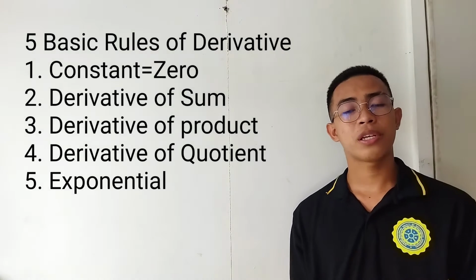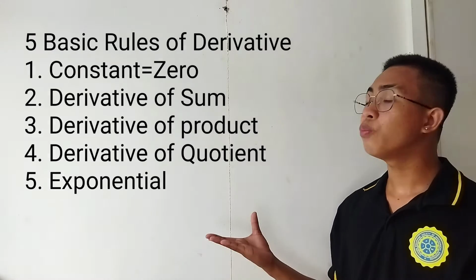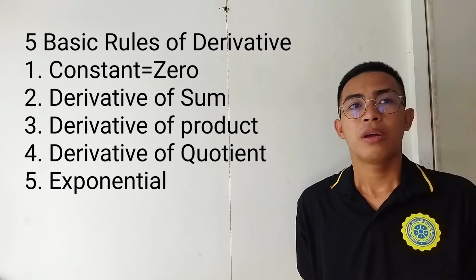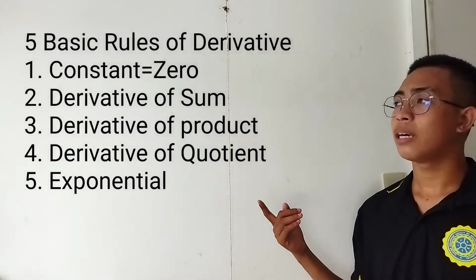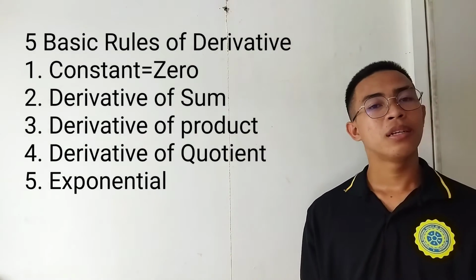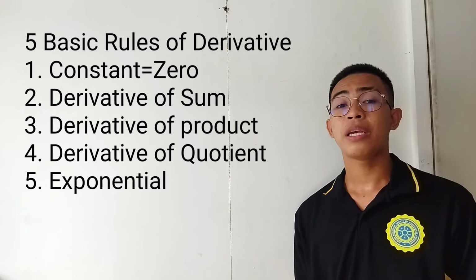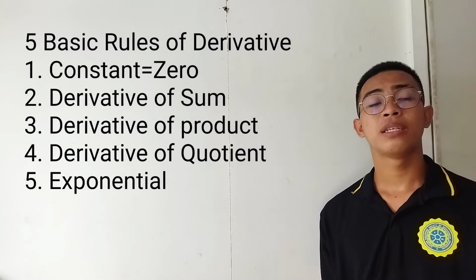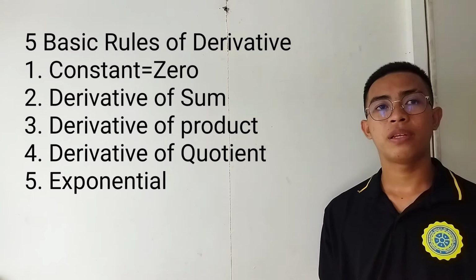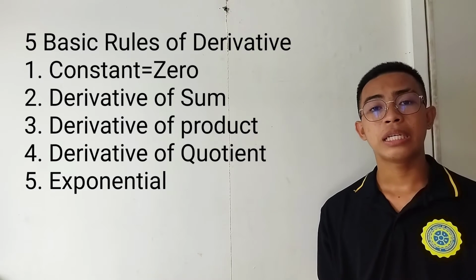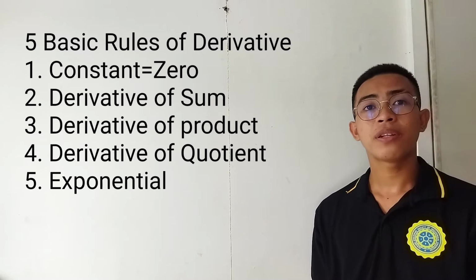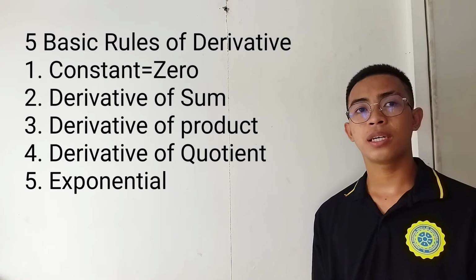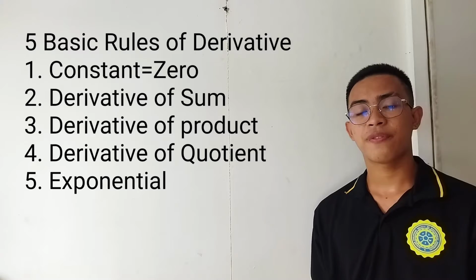So let's take, for example, y is equal to u plus v. So it would become dy over dx is equal to du over dx plus dv over dx. And the number 3 basic rule of derivative is that the derivative of the product of two functions is equal to the first function times the derivative of the second function plus the second function times the derivative of the first function.